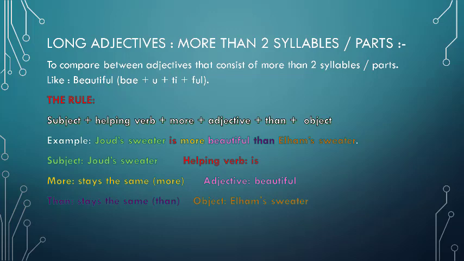The subject we have here is Jude's sweater. The helping verb here is, and more stays the same as it is. The adjective here is beautiful. Than stays the same, and the object here is Ilham's sweater.